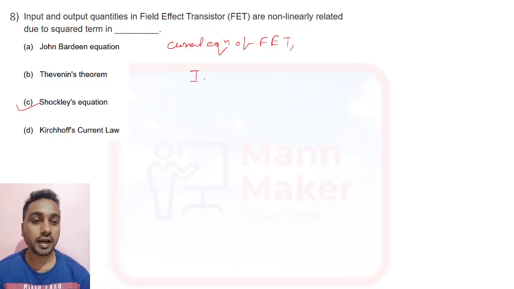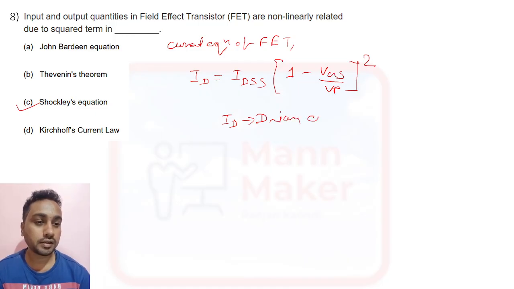That is ID equal to IDSS times (1 minus VGS by VP) whole square, where ID is your drain current, and IDSS is the drain to source current.